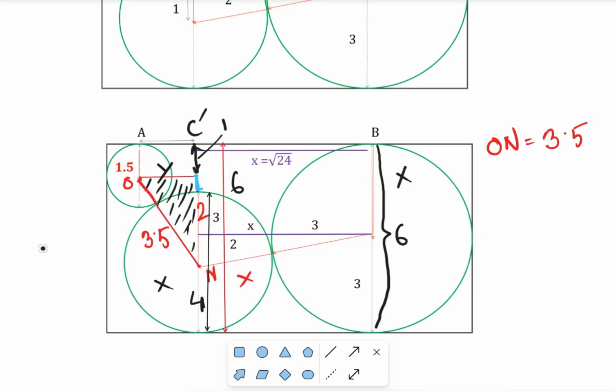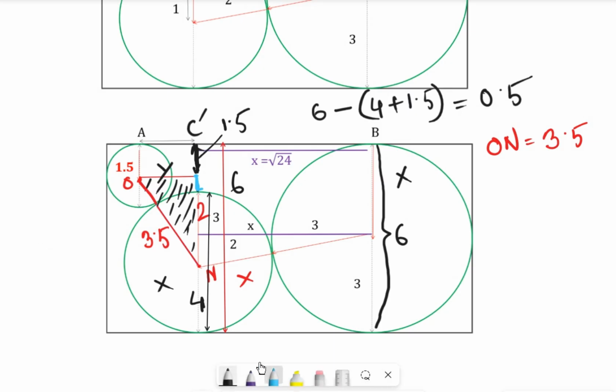So total is 6 minus 4 plus this 1.5. So what we have got, 0.5.